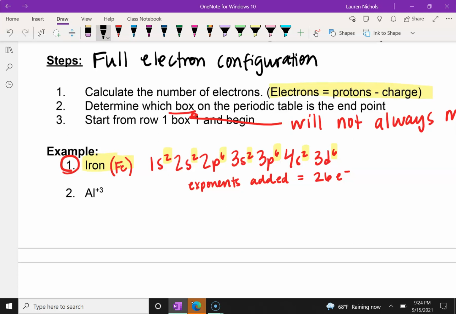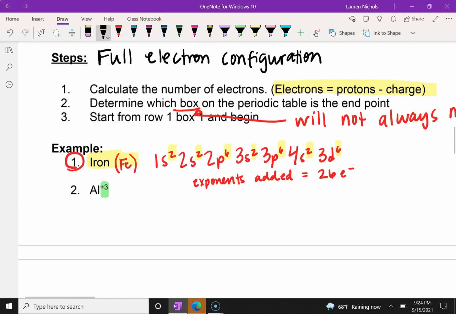Now, for aluminum with a positive 3 charge. Now remember, if it has positive 3 charge, then this is a cation, okay? And so aluminum normally has 13 protons. So my electrons would be equal to 13 minus a positive 3. And so that gives us 10 electrons.